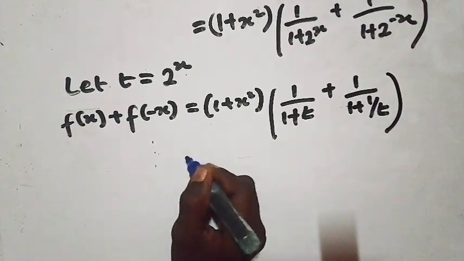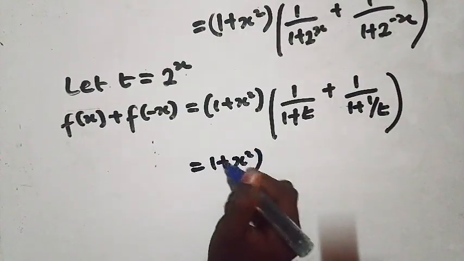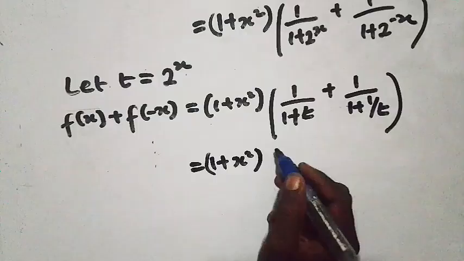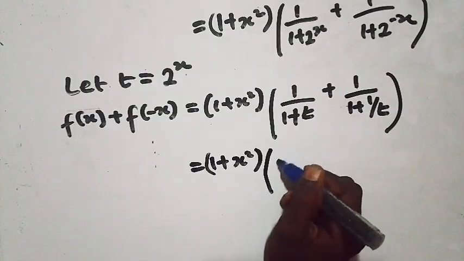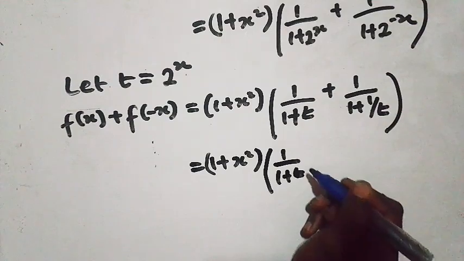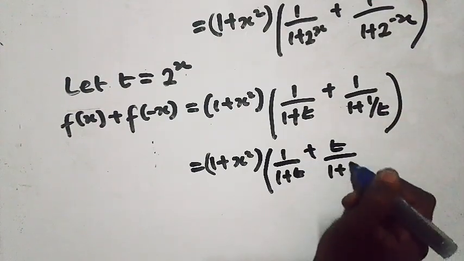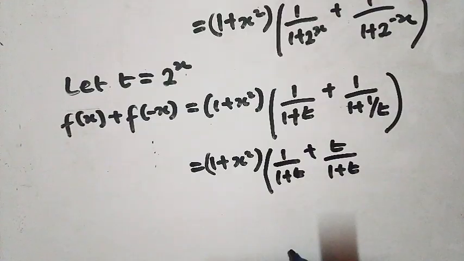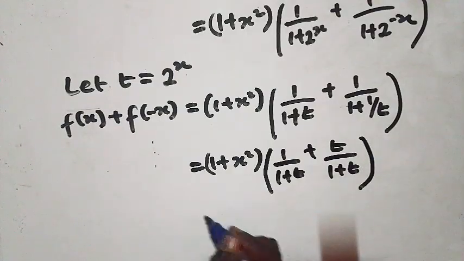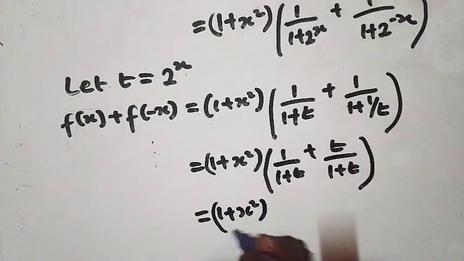And this will be equal to (1 + x squared) times [1 over (1 + t) plus t over (1 + t)].